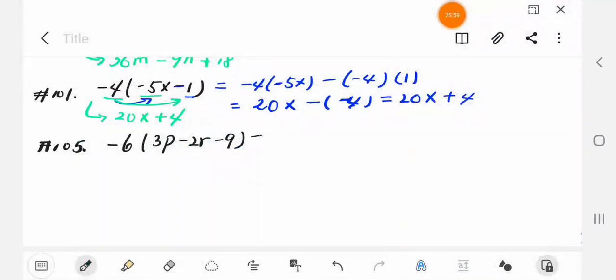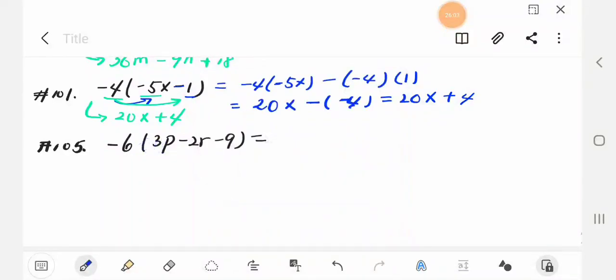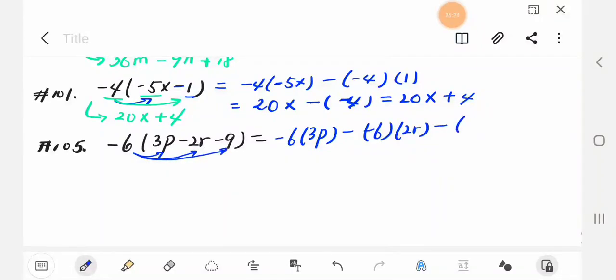Okay, number 105. So let's multiply 3p by negative 6. So negative 6 times 3p, and then minus negative 6 times 2r. Now put parentheses around the negative number, and then minus negative 6 times 9.